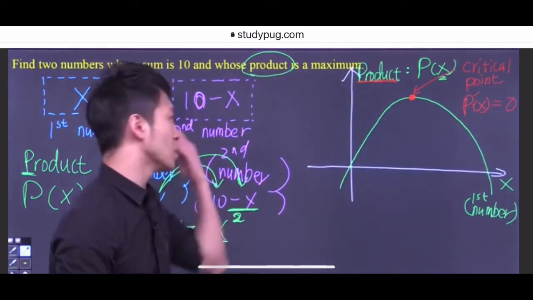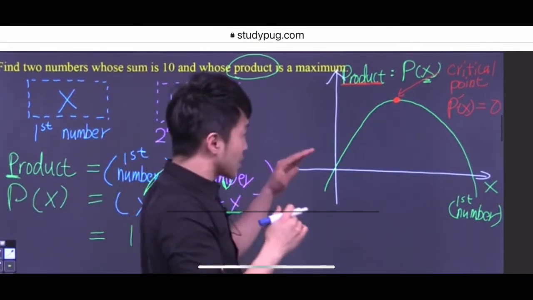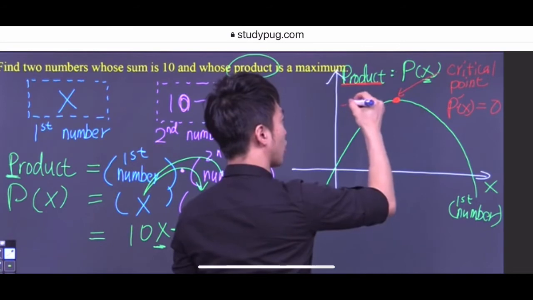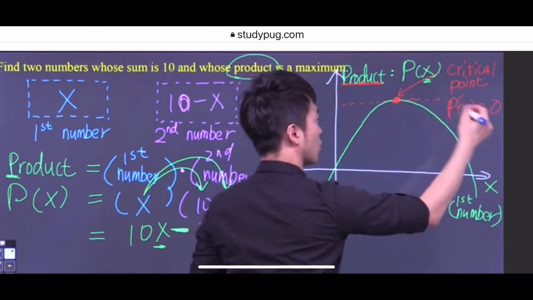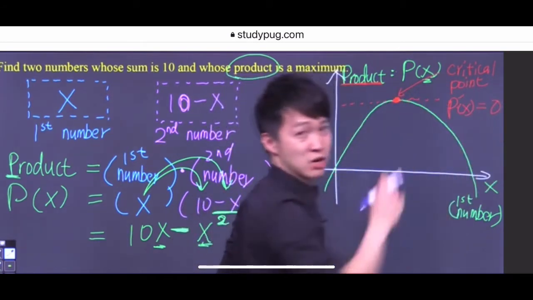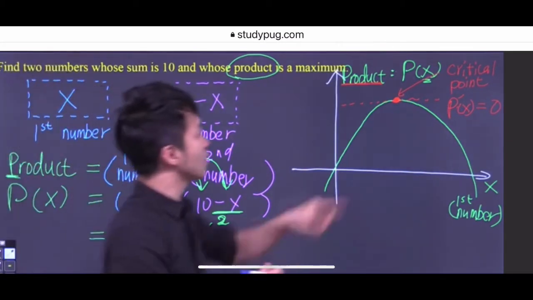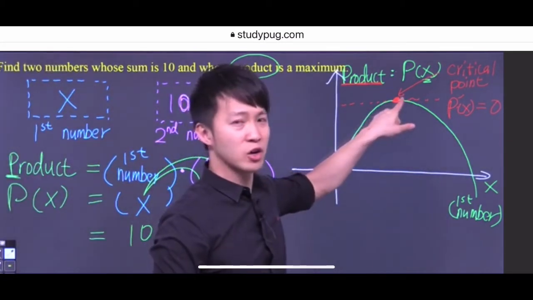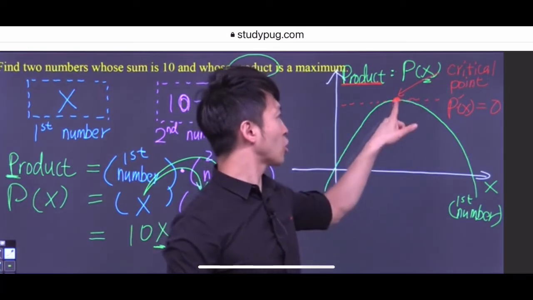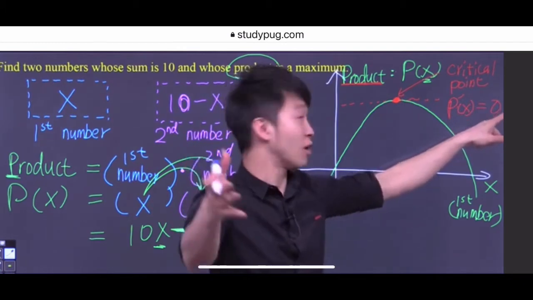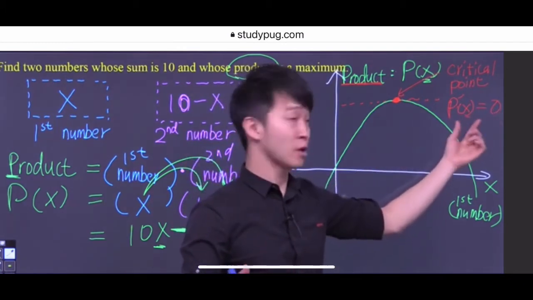In other words, if you draw the tangent line to the function at this maximum point, we get a horizontal tangent line with slope equal to 0. So we know the maximum product occurs at this critical point where the derivative is equal to 0. Now let's write out the derivative of the function.